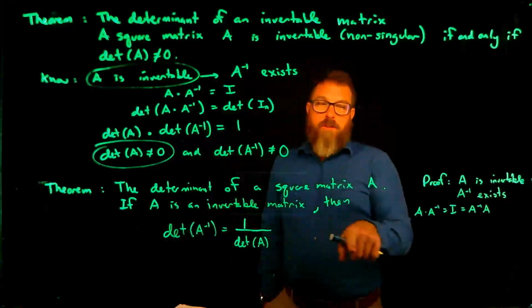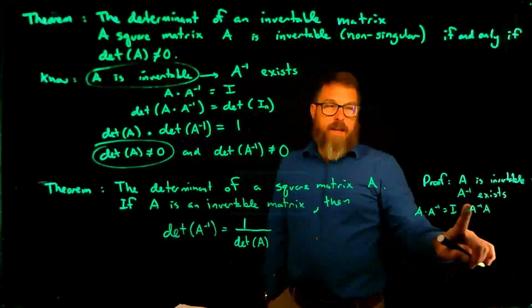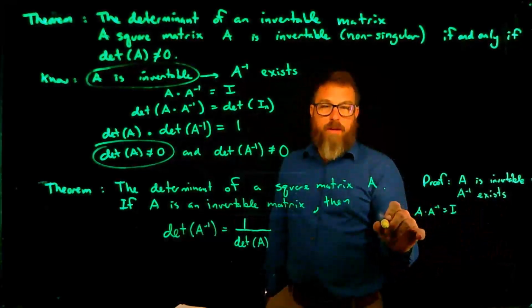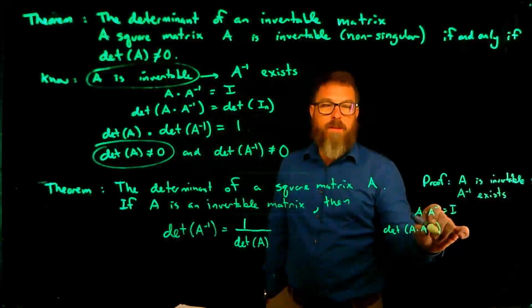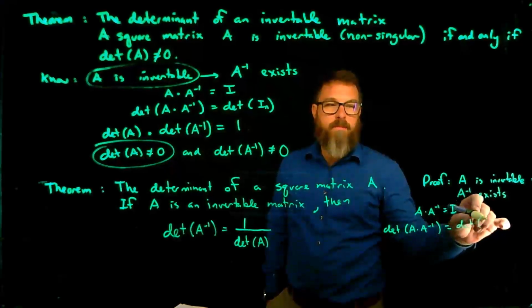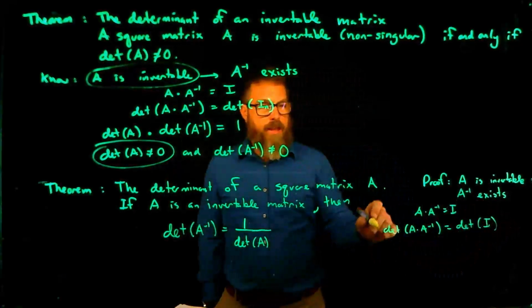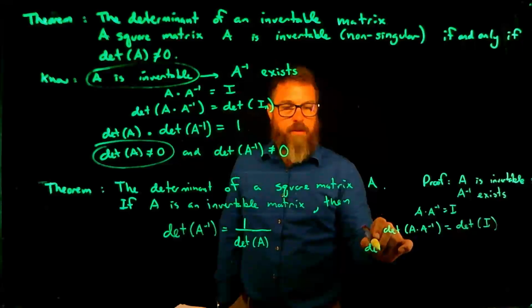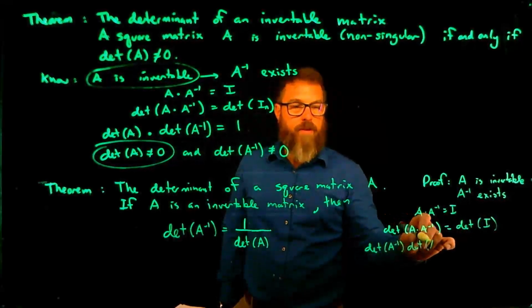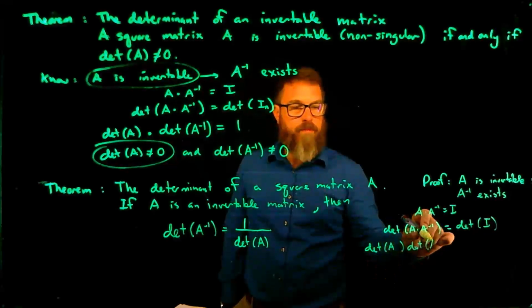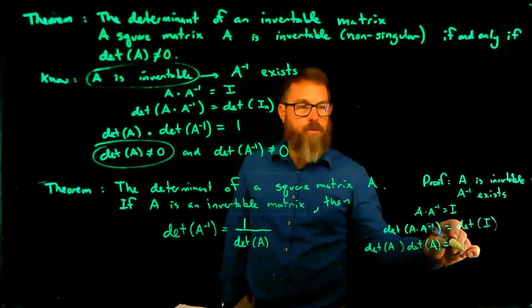So I'm going after determinants, so I don't really need this right-hand side. I'm just going to say that the determinant of this side would be equal to the determinant of this side. And the determinant of the product is the product of the determinants, so this is the determinant of A times the determinant of A inverse. I know this looks extremely familiar because it's written right above us. It is equal to 1.